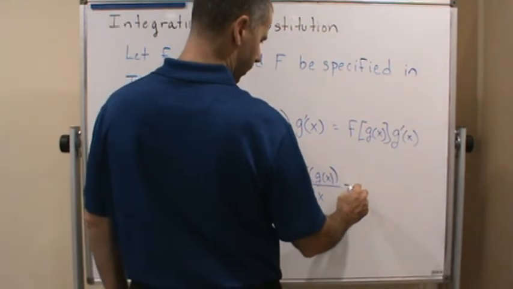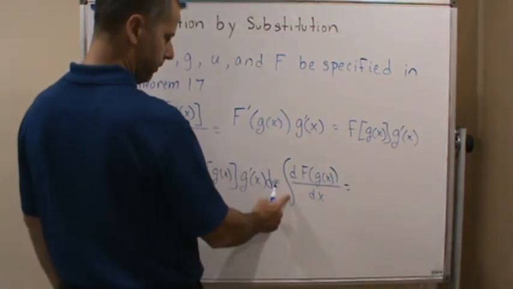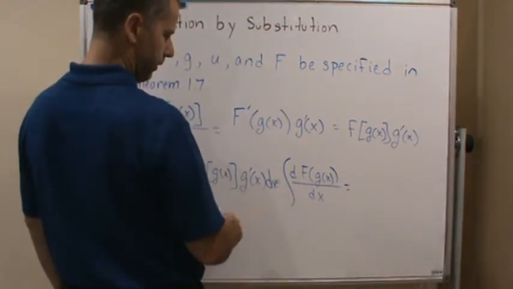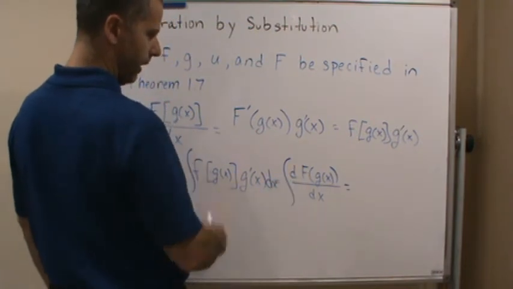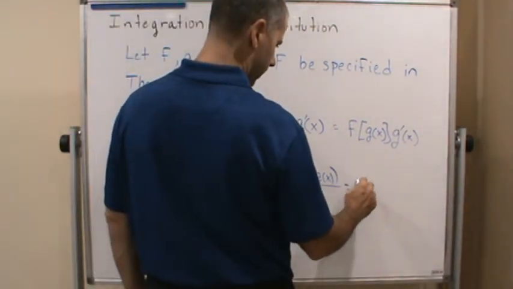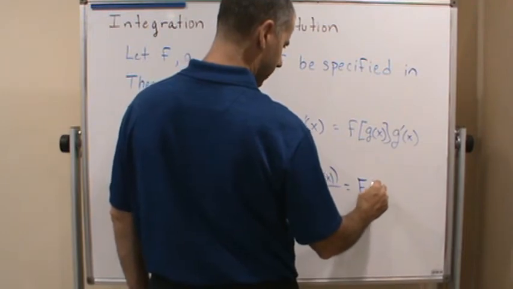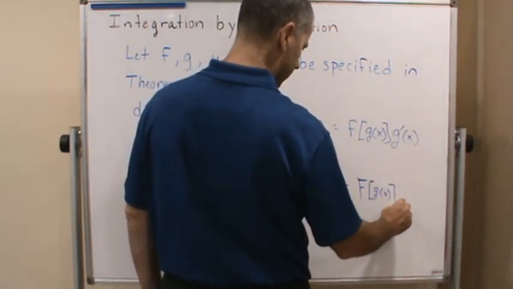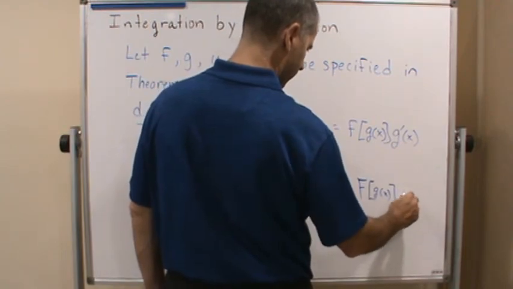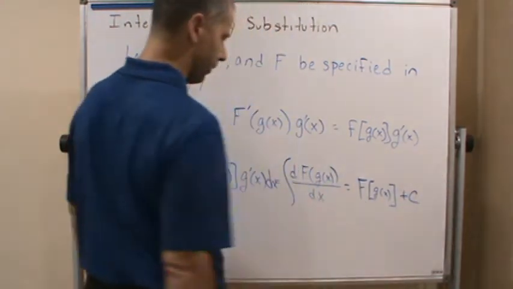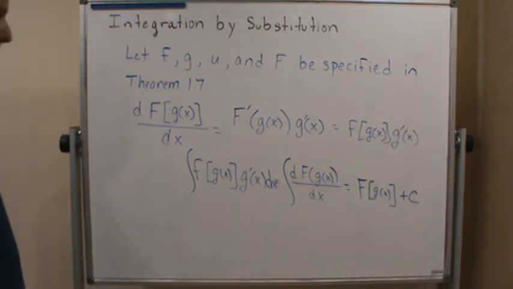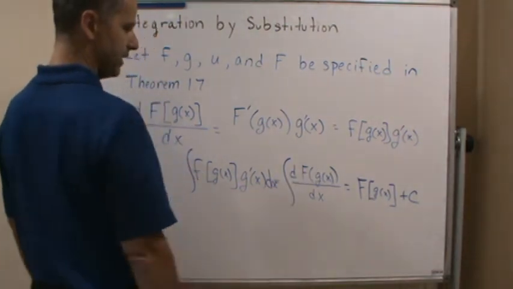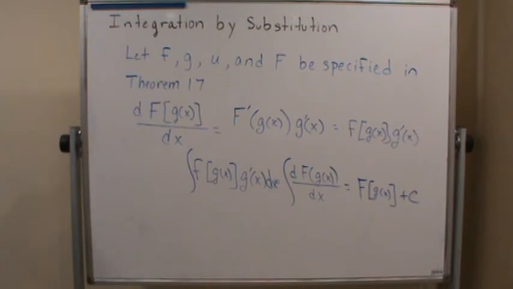Well, the integral of a derivative is just going to give us back our function. So we get F of g of x plus our constant of integration, because this is an antiderivative. So we get F of g of x plus c.